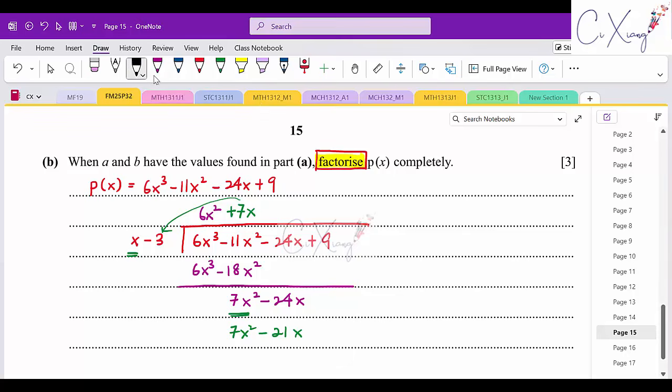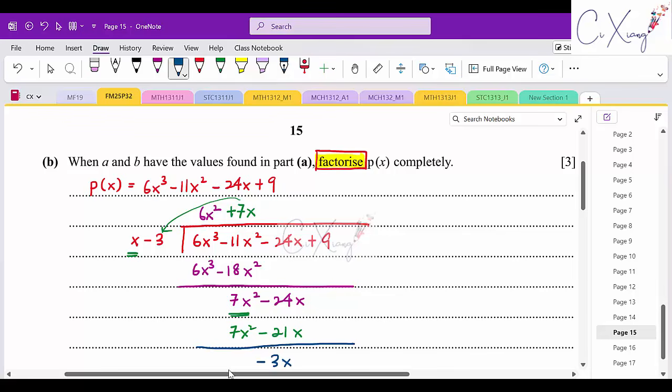Then continue further. 7x squared minus 7x squared, you get 0. Negative 24x minus negative 21x, you have negative 3x. Then plus 9. For the last term, think about the negative 3x and the x.